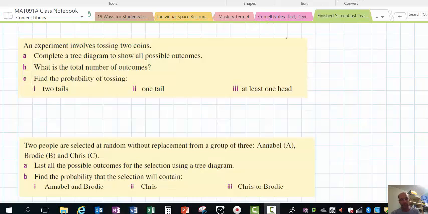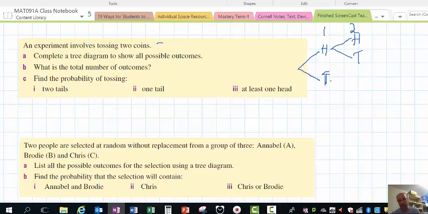Quick example. An experiment involves tossing 2 coins, and we complete a tree diagram. We start by drawing the first toss: we can get heads or tails, so we just go H or T. Now we're tossing coin 1, and if coin 1 is a head, we can look at the outcomes for coin 2. So you put your second stage, which is coin 2. If coin 1 is heads, coin 2 could be heads or tails.